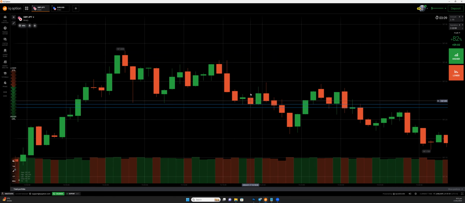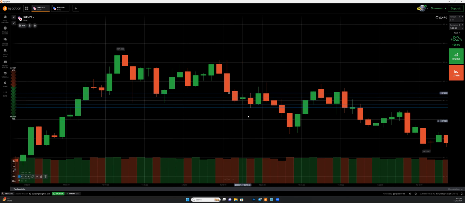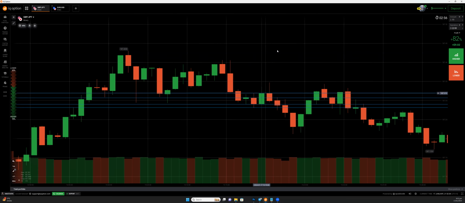If we just look at the reason, the buyers failed. If you take this resistance level, buyers tried to break, but they failed. And then this is broken on the second candle. We can go for down in this way as well.